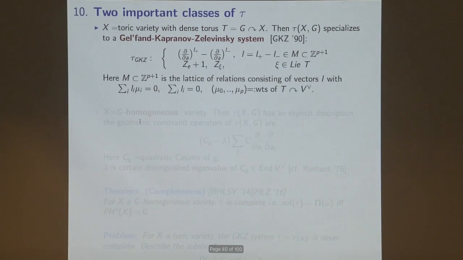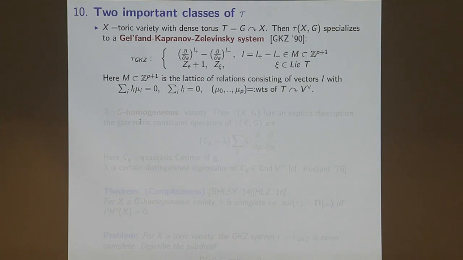Okay, next I want to give you two important classes of examples. So first, let's take X to be a smooth toric variety with a dense torus, which I call T, acting on X. Then in this case, the tautological system reduces to something that has been known for a long time. In fact, this system was introduced by Kapranov and Zelevinsky in a series of papers leading up to the paper in 1990.